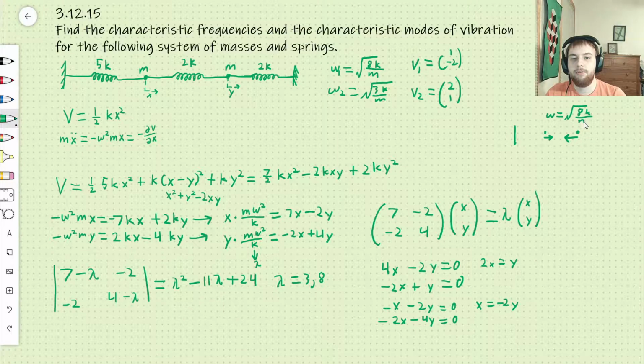So when our frequency is square root of 8k over m, then this one is oscillating back and forth, and at the same moment, this is twice as much in the opposite direction.